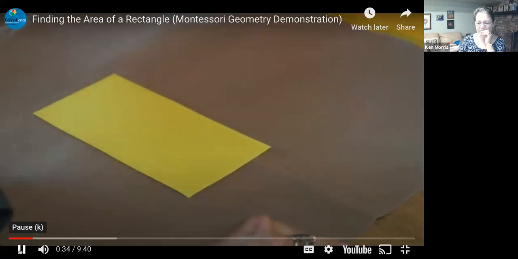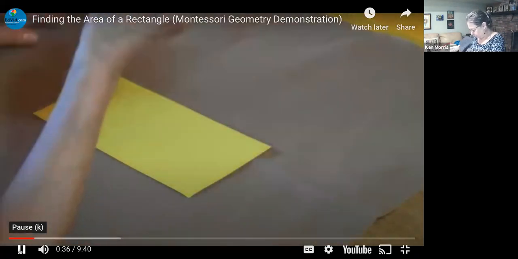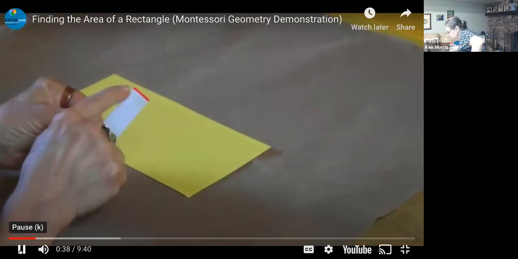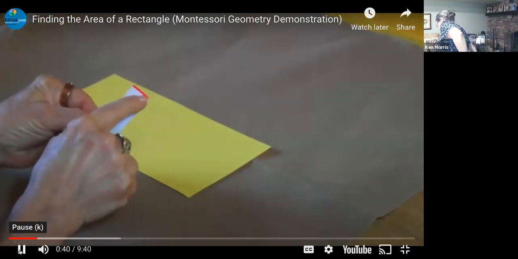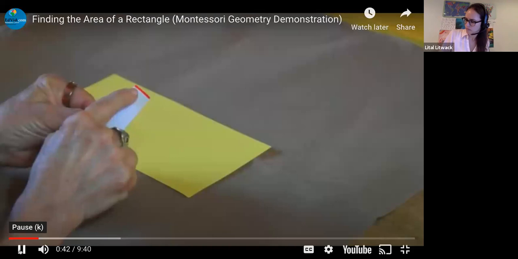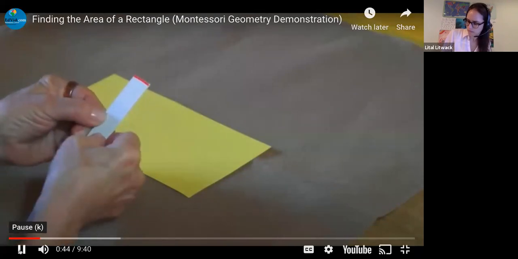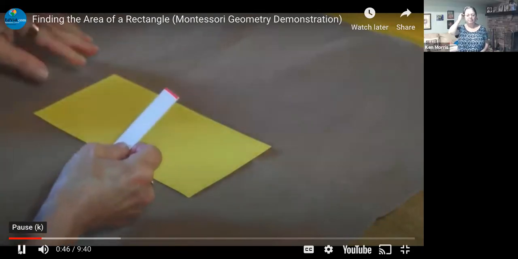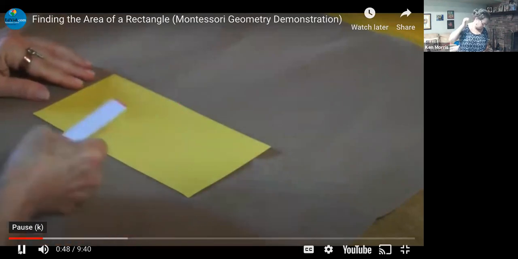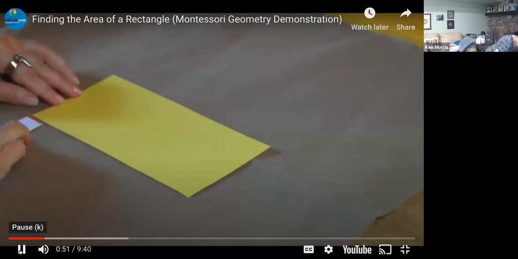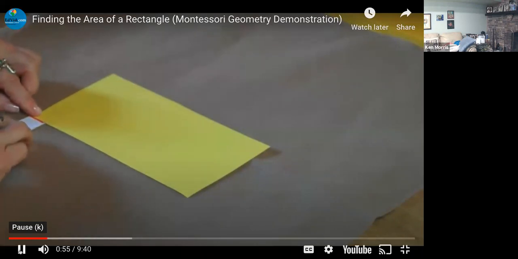So I am going to adopt a unit of measurement, and that's this distance. This is a length. And my question is, how long is this rectangle? So I'll use my measurement.